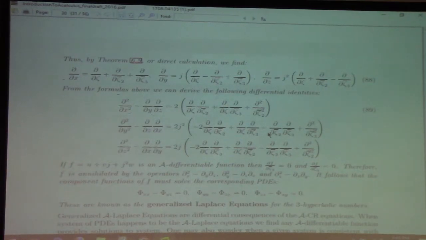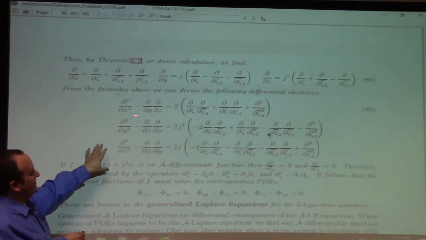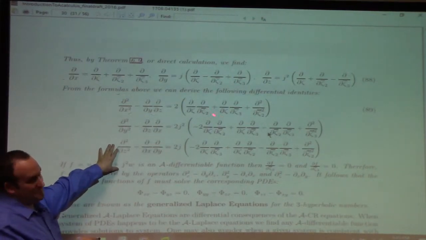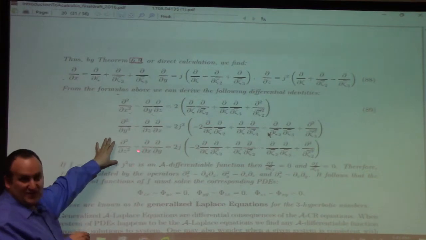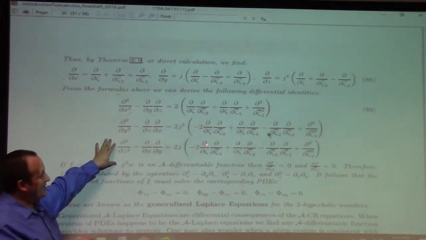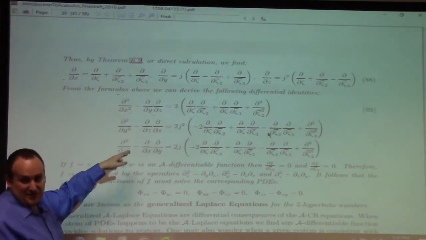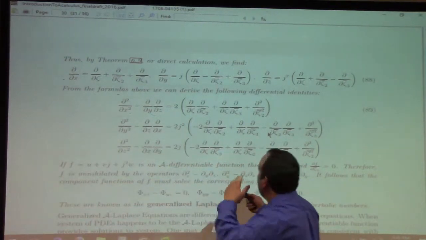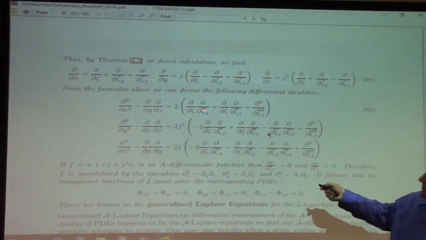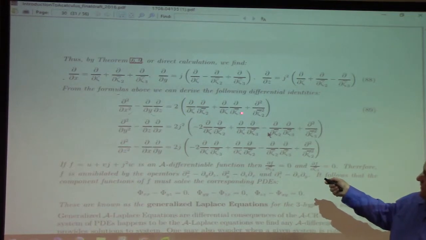But here's the other more beautiful thing, I mean, this all works together. When I actually calculate these and put these real partial derivatives in terms of algebra partial derivatives, I get these expressions, which are really quite pretty, because you notice everything has a naked derivative with respect to a conjugate variable.